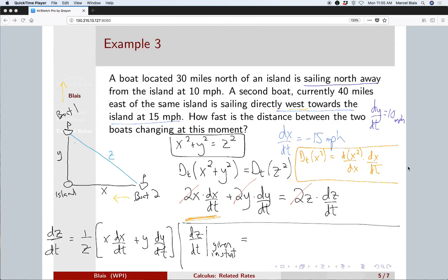So we plug 40 in for x. dx/dt, we said over here, was minus 15. Y, the distance boat 1 is from the island, 30 miles. And then dy/dt was 10.